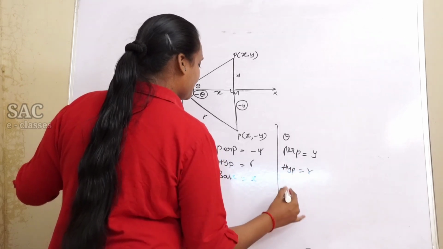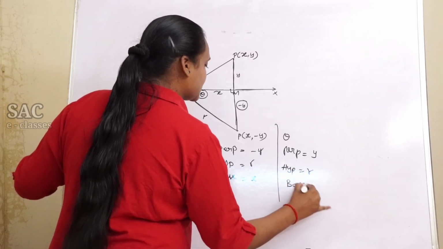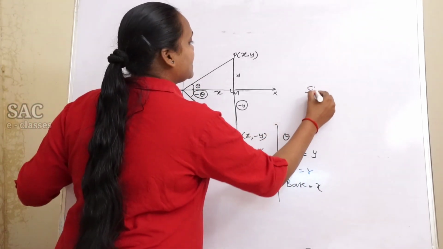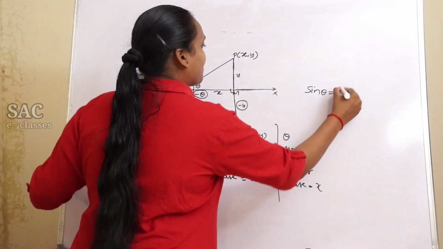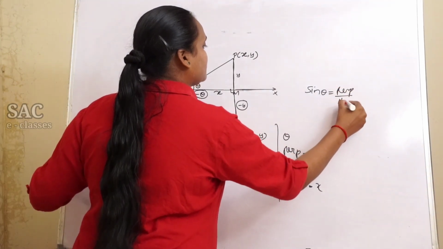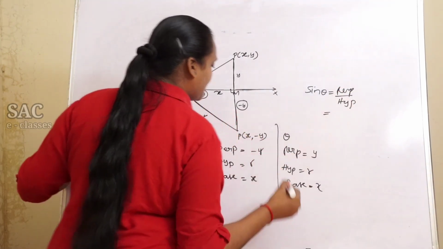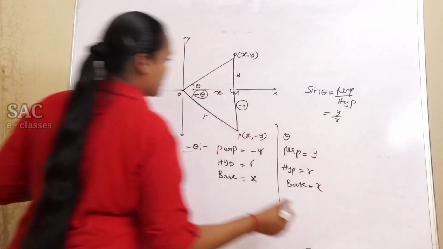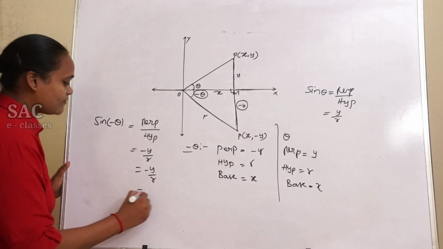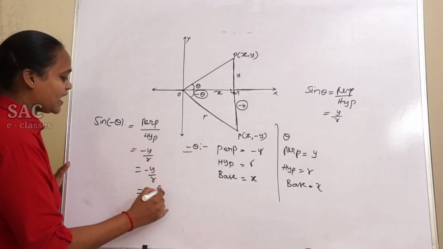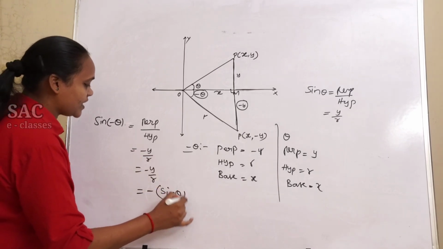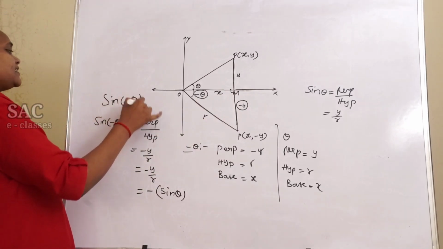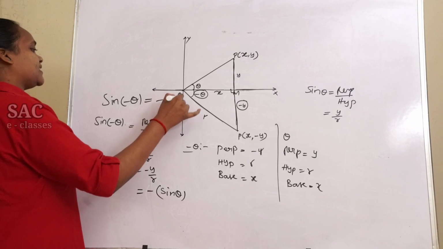Hypotenuse is r, and base is x. So can I write sin theta is equal to perpendicular by hypotenuse? What is the perpendicular here? y. What is the hypotenuse here? r. So y by r. Can we write this y by r as sin theta? Yes.